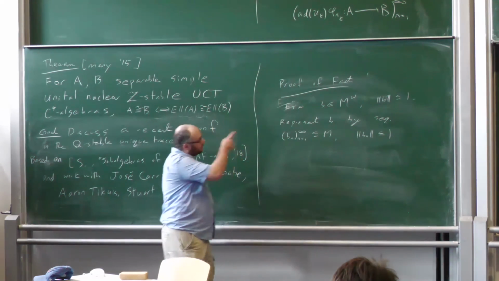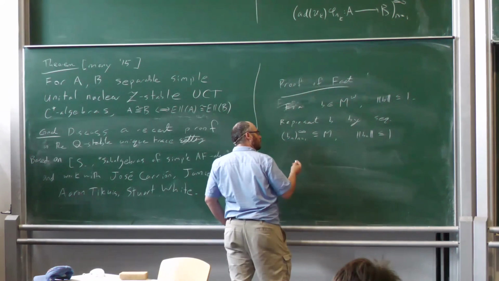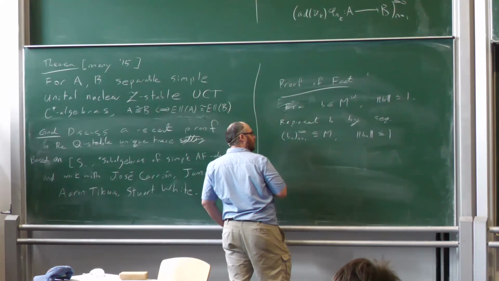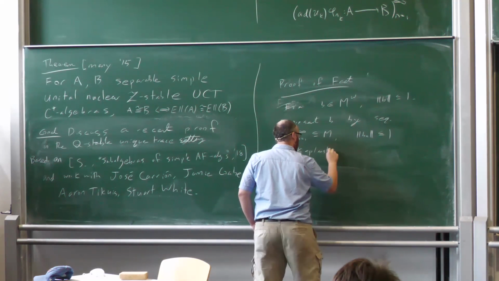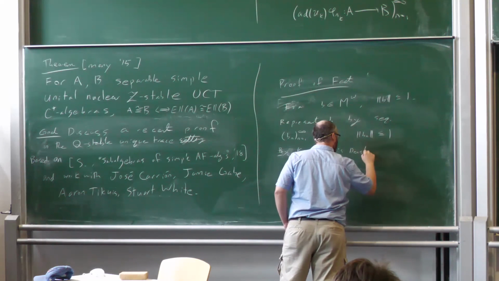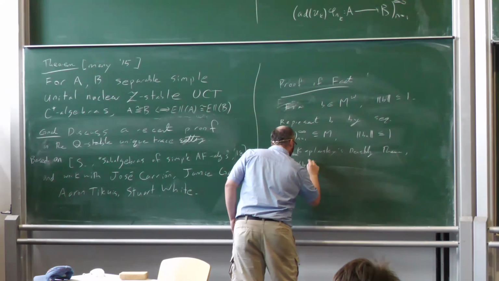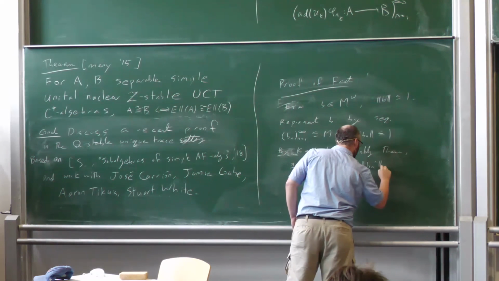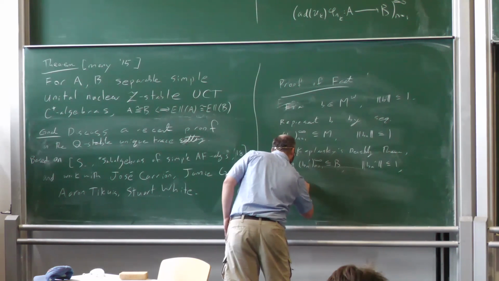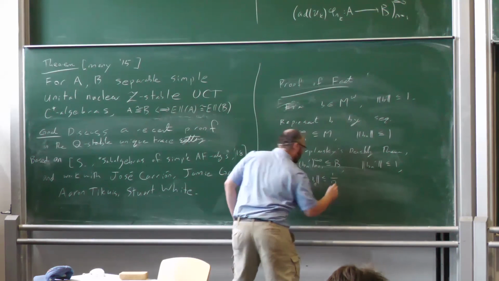So you have this bounded sequence here. By Kaplansky's density theorem, there's a sequence in the dense algebra, still bounded, with two-norm distance below 1 over n.